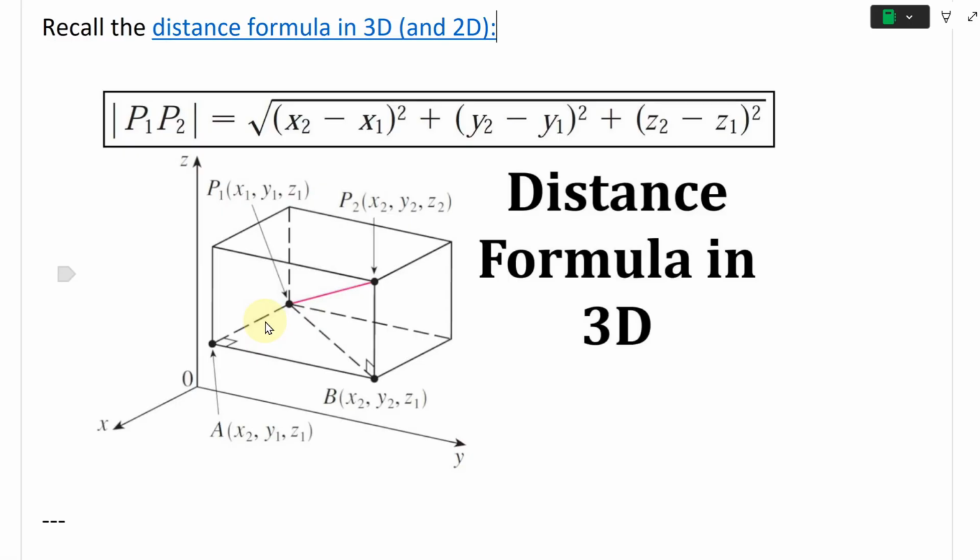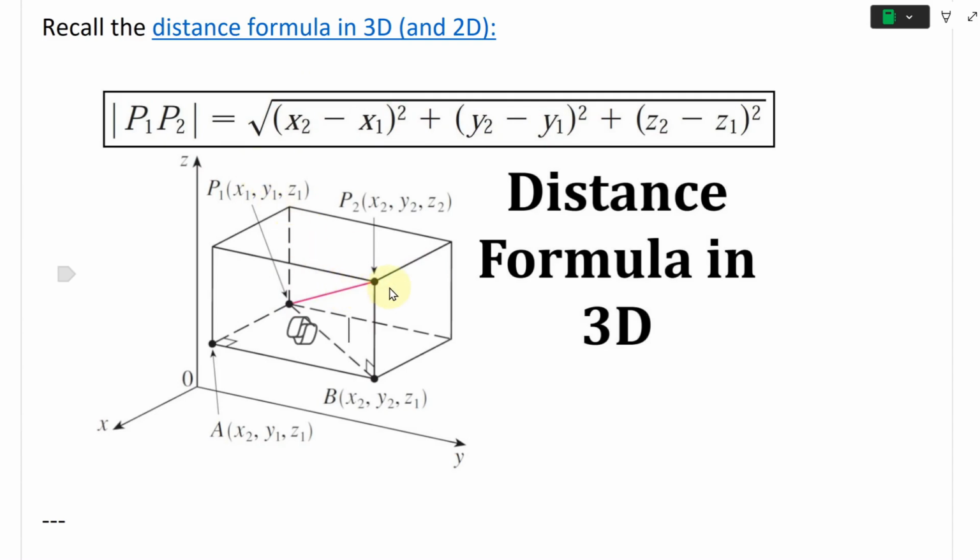You could think of it as applying the square root, or the Pythagorean theorem, twice. If you have a point from P1 to P2, you take the square root of the sum of the differences of each component squared, and that's the distance from here to here.